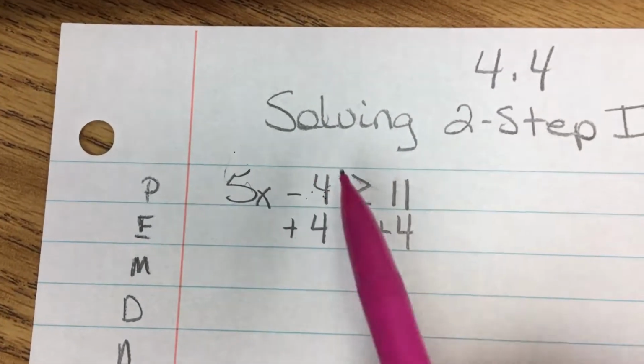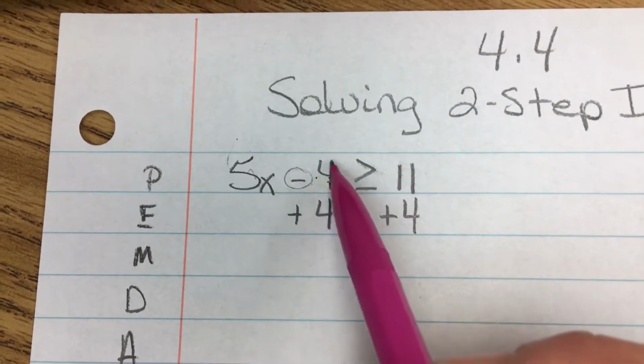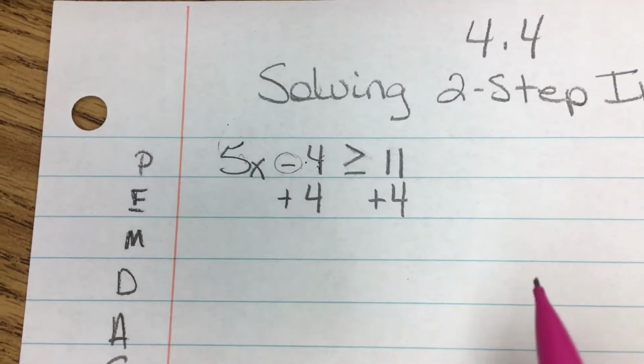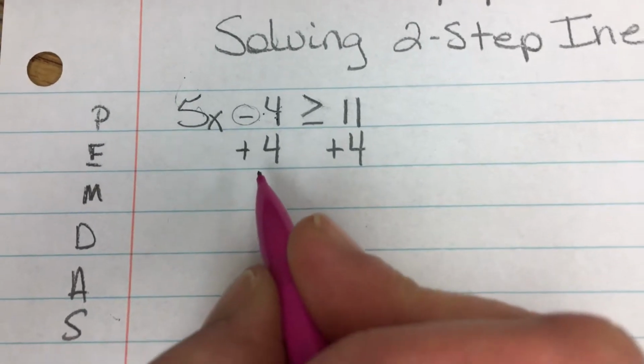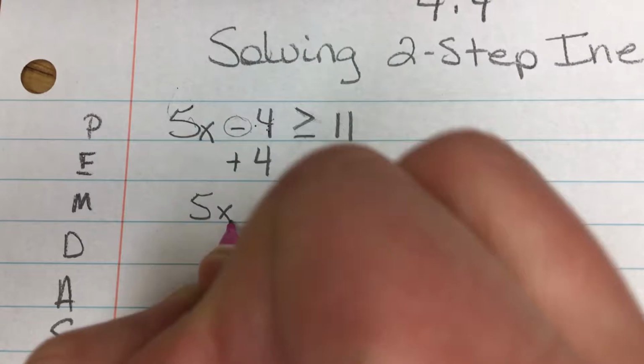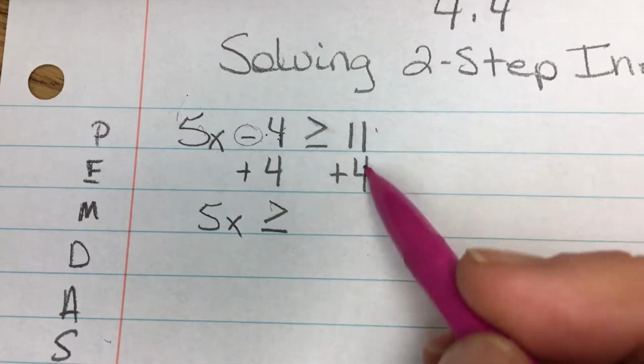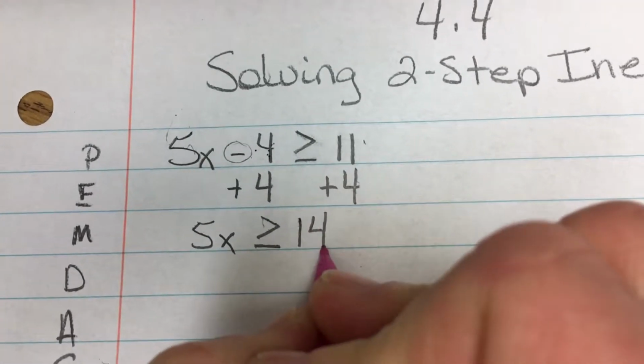Plus 4. And some of you are thinking that there's a negative here. We need to flip the sign. That's not with addition and subtraction. It's only with multiplication and division. So I'm going to have left over here 5x greater than or equal to 11 plus 4, 14.